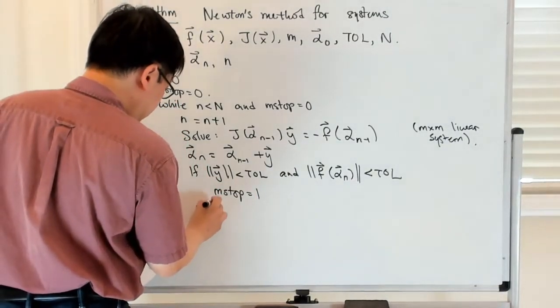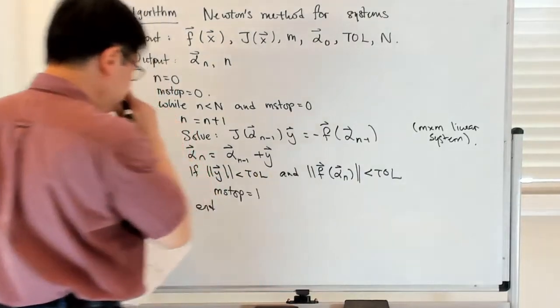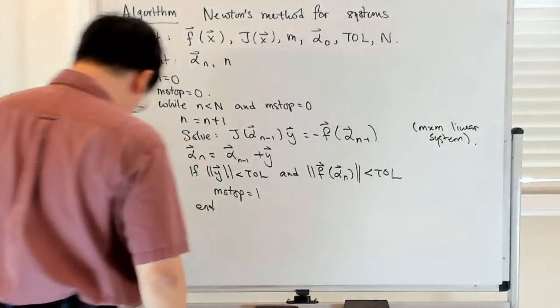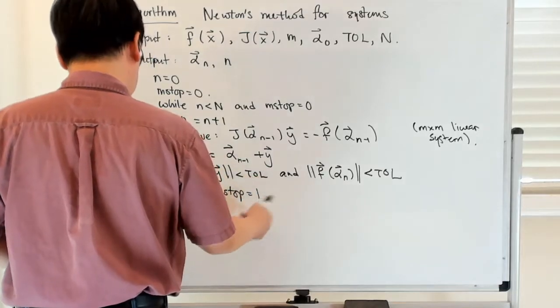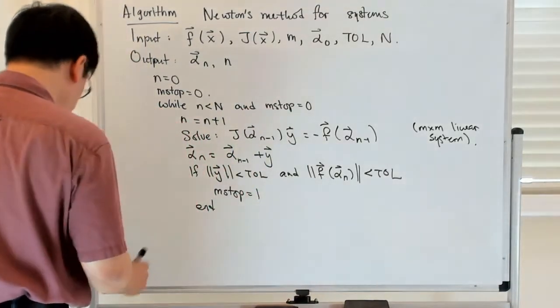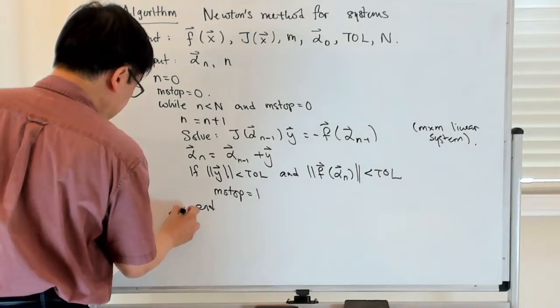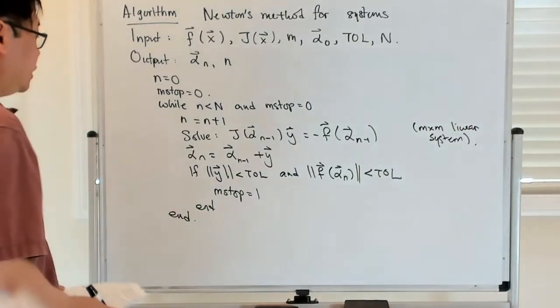So this is some sort of stopping criterion. And if I achieve the stopping criterion, then I'll stop the while loop. Okay. All right. So that's all there really is to it.